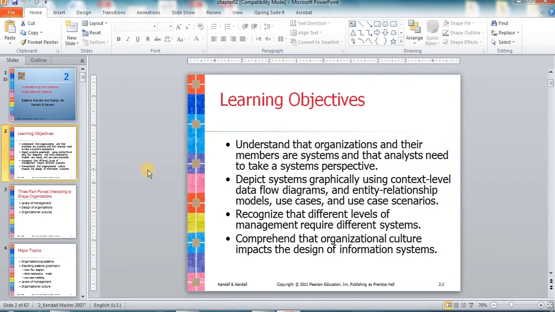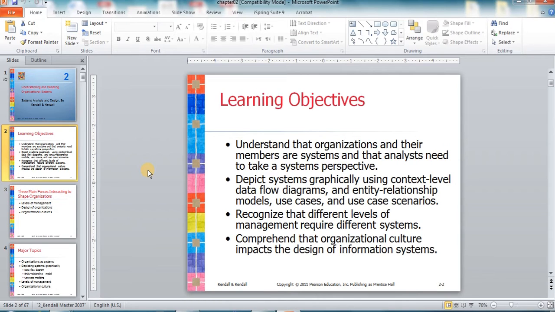Using this type of software, we can draw a model that will show us the complete organization as a comprehensive system that works all together in order to achieve certain specific objectives.